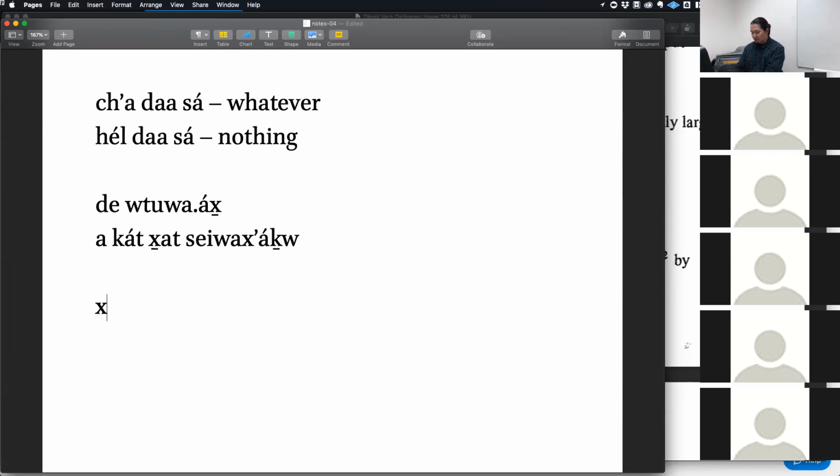But maybe an easier one might be like, what I don't want to talk about. Like this is a black bear. And if I'm telling you about this black bear, I saw a black bear and a beaver and whatever, and if I want to say the black bear is the one who did this thing, then I would put a CH after there. And so this is something that Tlingit has. Sometimes you'll see a CH pop up on a noun.